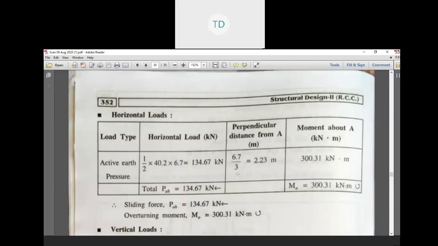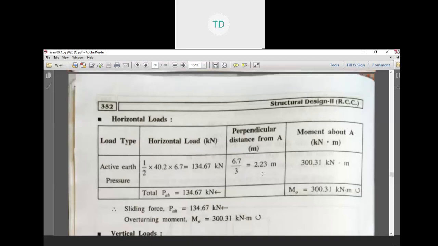We know that for a triangle, the perpendicular distance is considered as h by 3, a by 3, or b by 3. That's why we take h by 3. We have h equal to 6.7 divided by 3, equal to 2.23 meter.